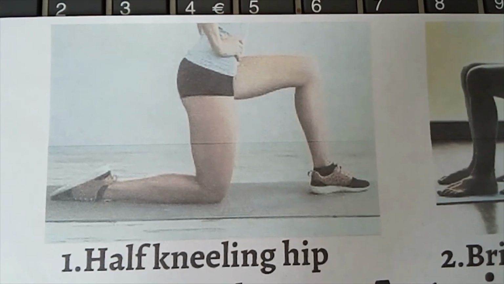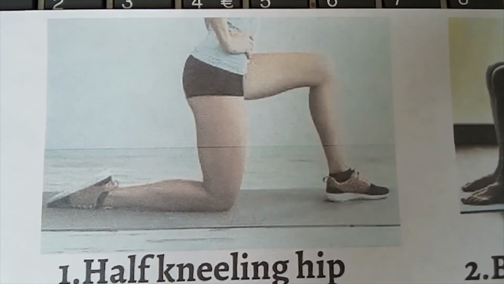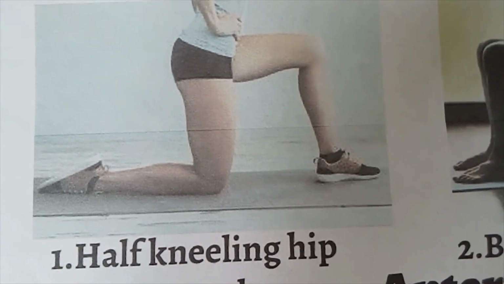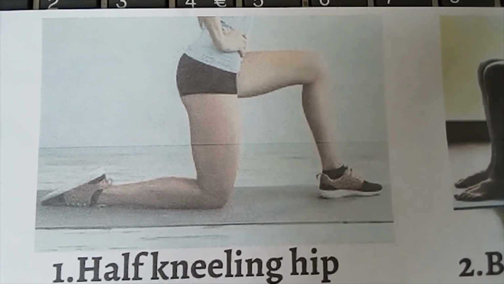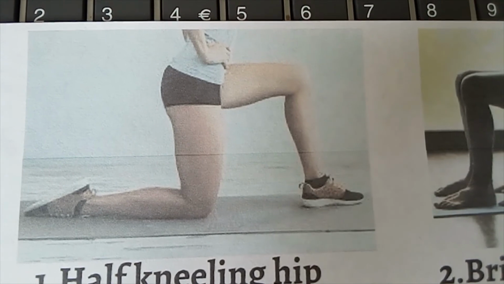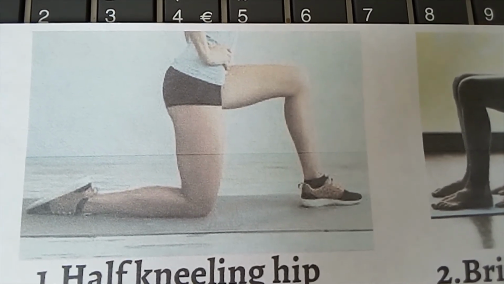Okay, so starting off with exercises that you can do for anterior pelvic tilt. The first one is a half kneeling hip flexor stretch. So basically here you're going to step forward with the left leg.